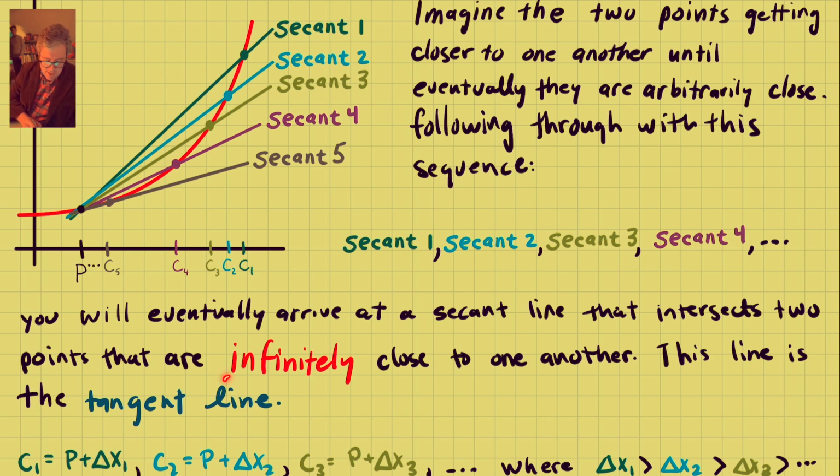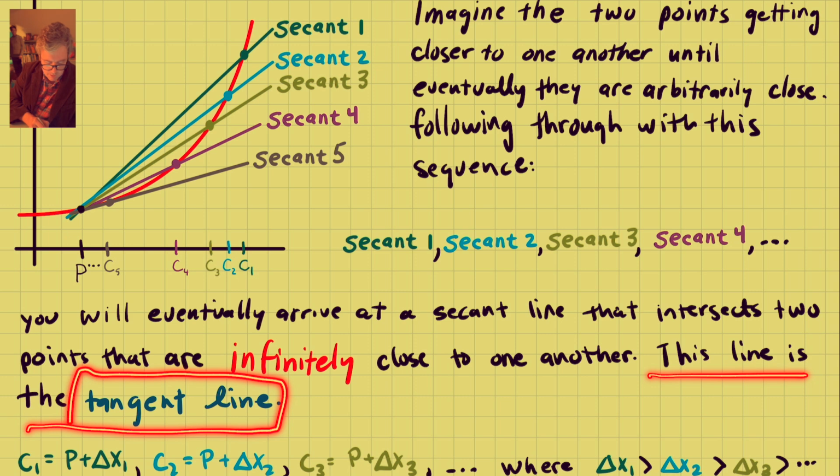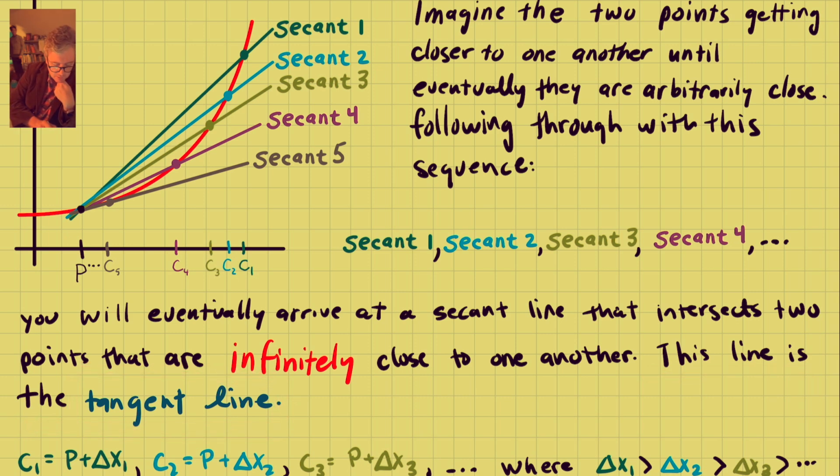And when that happens, the secant line suddenly becomes a tangent line. Once those 2 points that the secant line is based on are infinitely close to one another, your secant line turns into a tangent line, specifically at the point P.